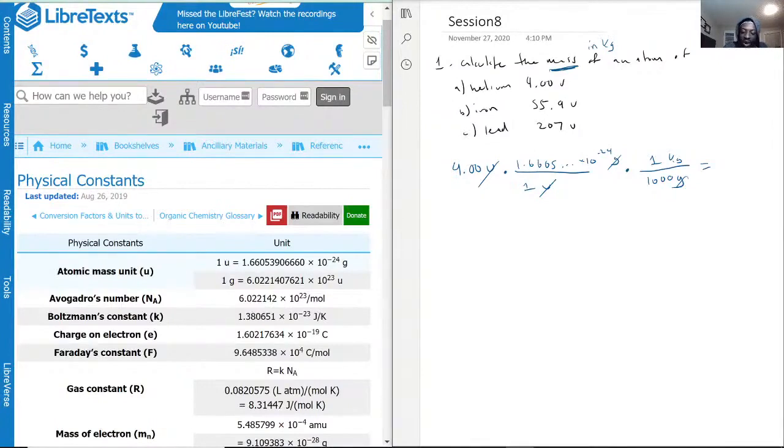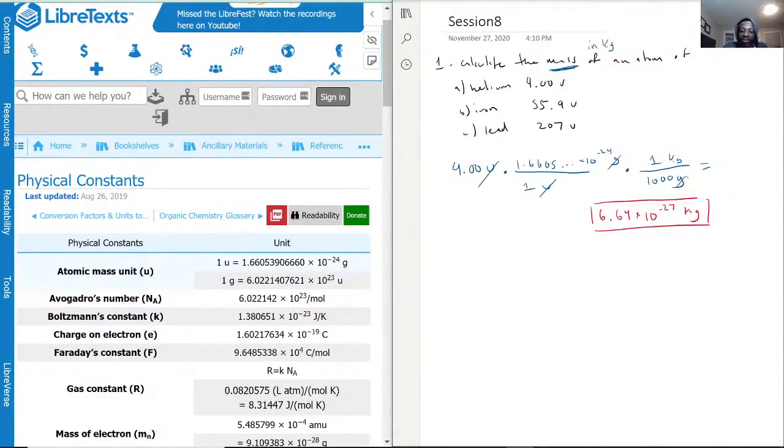What we get as a total for the helium one is 6.64 times 10 to the negative 27 kilograms for 4 atomic mass units of helium, keeping the same number of significant digits as the 3 they gave us.